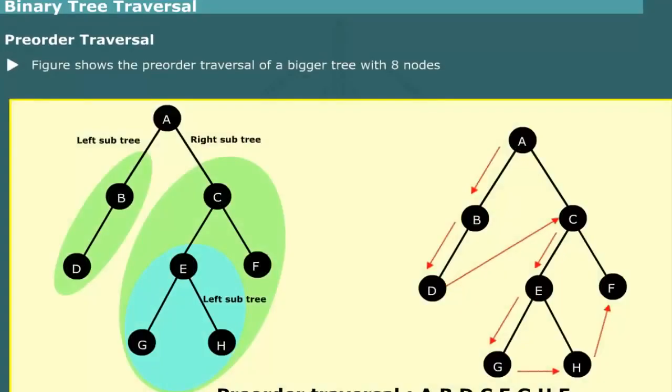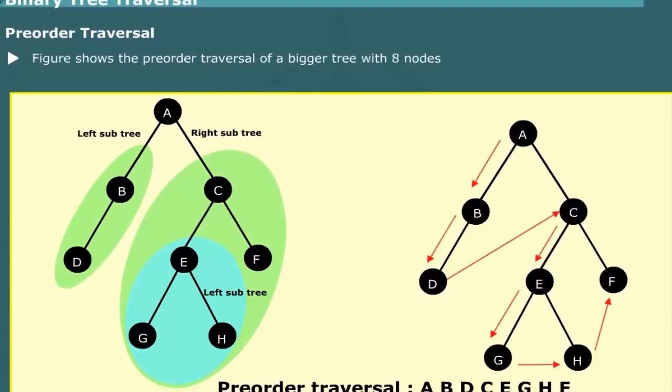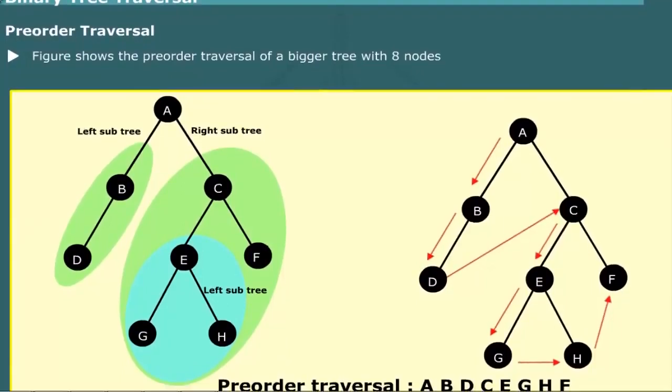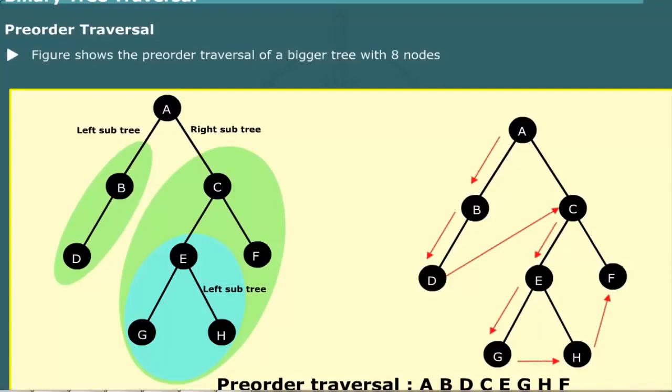This figure shows the pre-order traversal of a bigger tree with 8 nodes. To traverse the tree in pre-order, we start at the root node A. Then traverse the 2 nodes B and D in the left subtree T1. Then we move to the right subtree T2, which contains a left subtree T3.